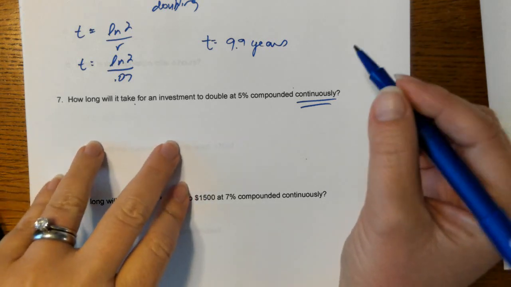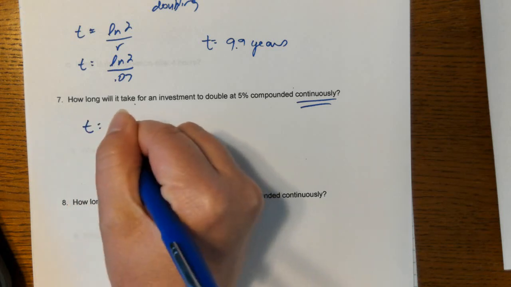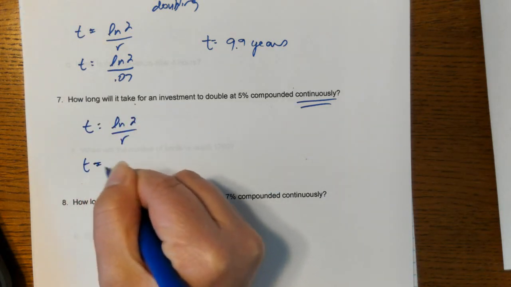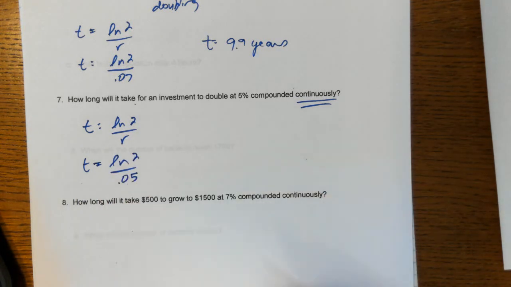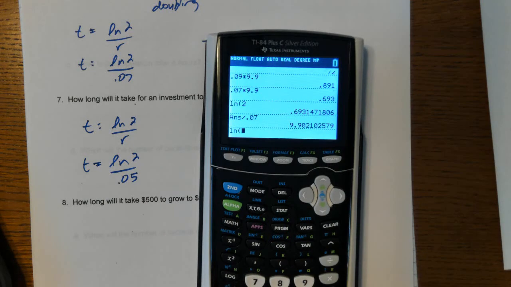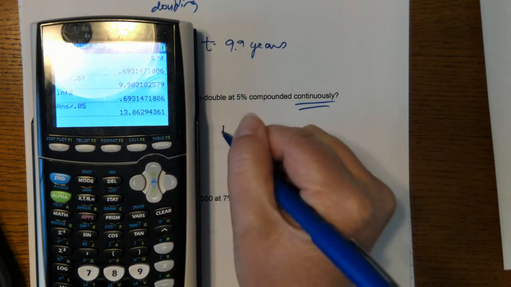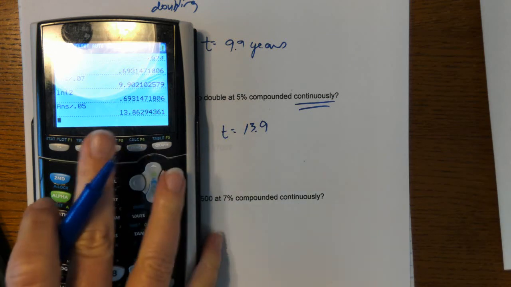So how long will it take an investment to double at 5% compounded continuously? So time equals ln of 2 over your rate. So ln of 2 divided by our rate of 0.05. ln of 2 divided by 0.05. And it will take about 13.9, if I round to the nearest tenth, years.